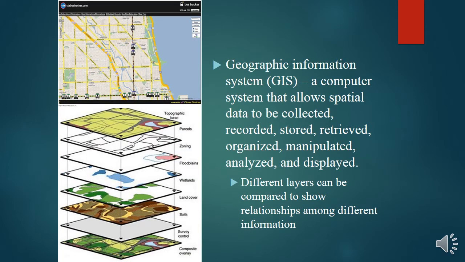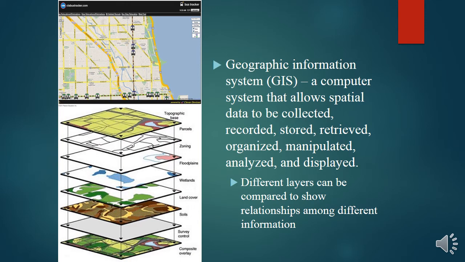Other ways that geographers study locations of the Earth is through geographic information systems, like maybe some of the ArcGIS tools that we messed around with in some of our class activities. GIS is a computer system that allows spatial data, usually in the form of maps, to be collected, recorded, stored, retrieved, organized, manipulated, analyzed, and displayed, any or all of those together.